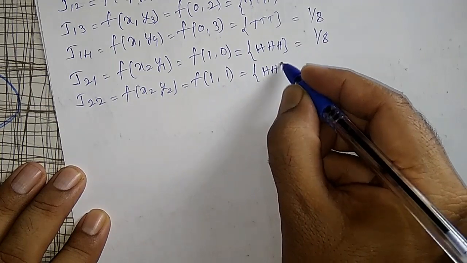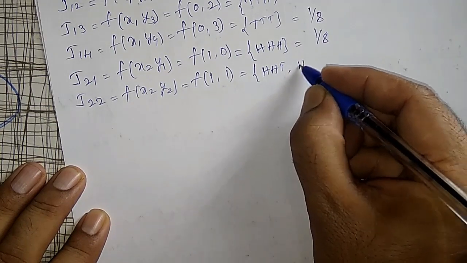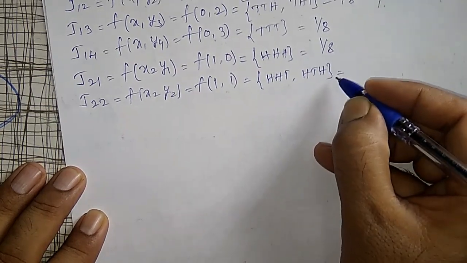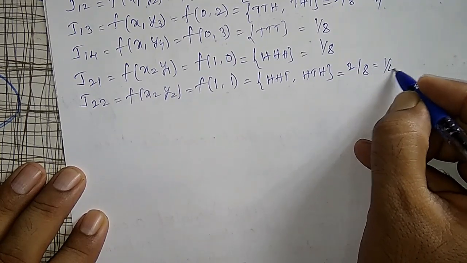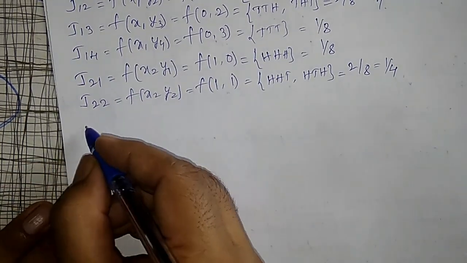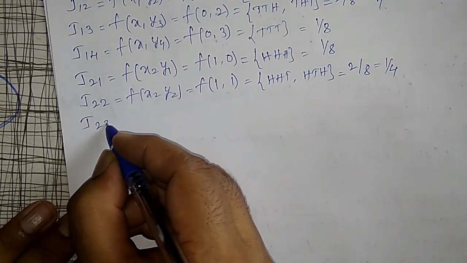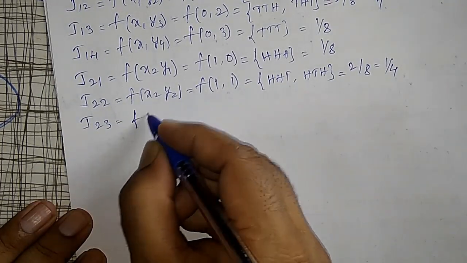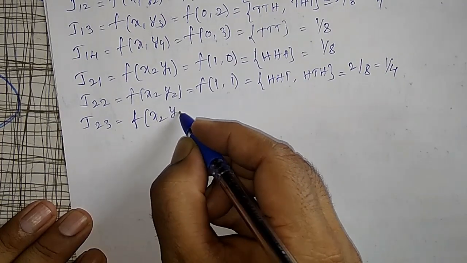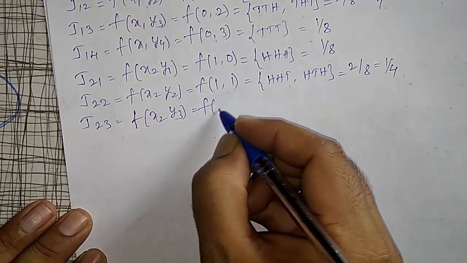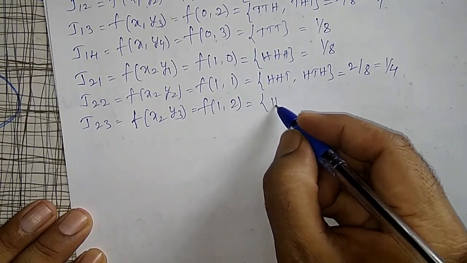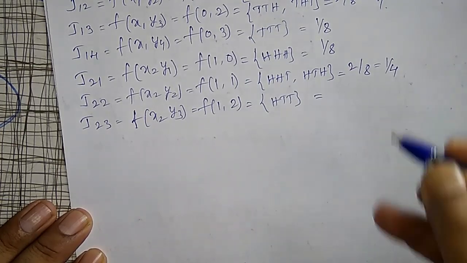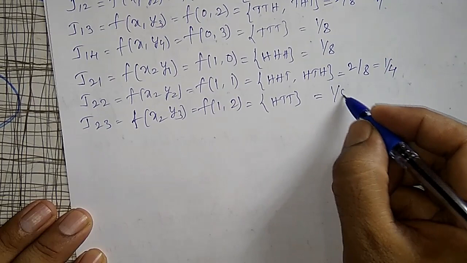That is head head tail and head tail head. Therefore its probability is 2 by 8 or 1 by 4. Like that, joint probability of 2 3, f of x2 y3, f of 1 2, that is head tail tail. It is 1 by 8.